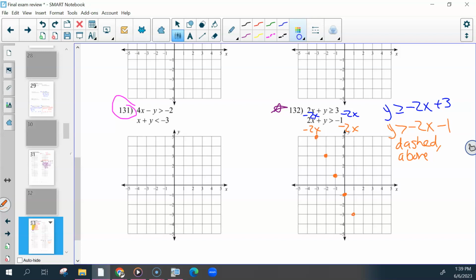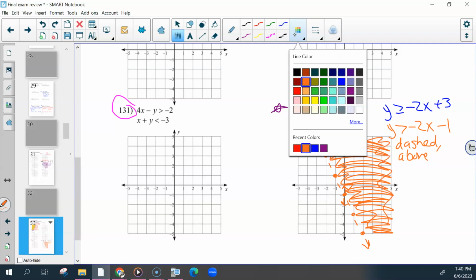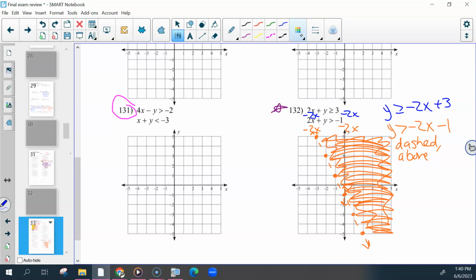down to right 1. And you can either make this dashed or dotted, so either put little tick marks in between, or just draw arrows at the end. Above this line, if I look at the y-intercept and draw up and down arrows, above would be up, so all of this. And then I can do the same thing for the other one.